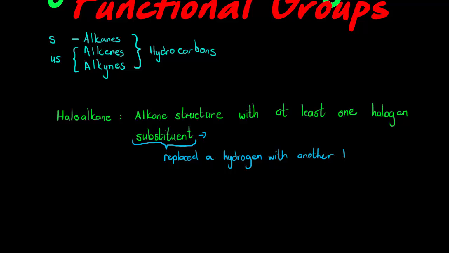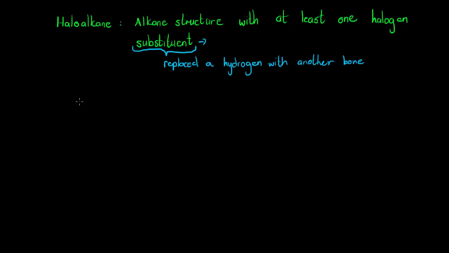So in other words, if I say I've got a halogen substituent, it means that one of the carbons on my structure, so it would look like this, the general structural formula will have alkane structures, which means we've got single bonds between our carbons. And then we've got our hydrogens bonding there. All of these would be hydrogens, but at least one of them will be a halogen.